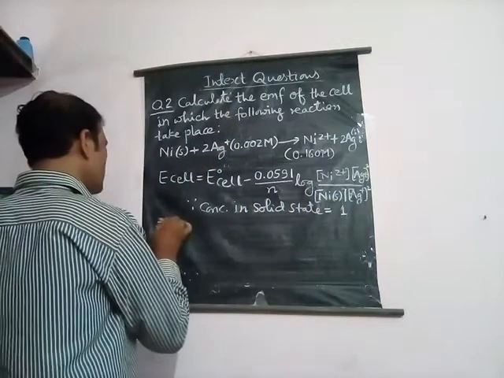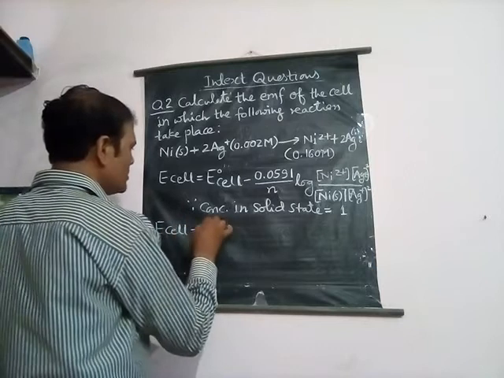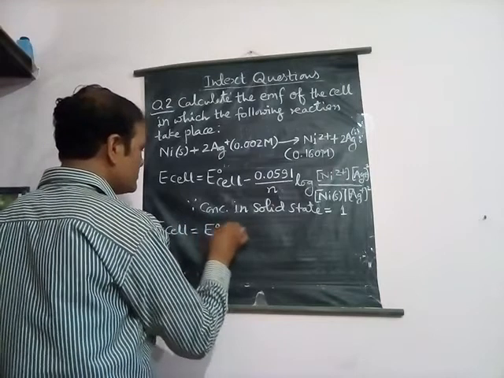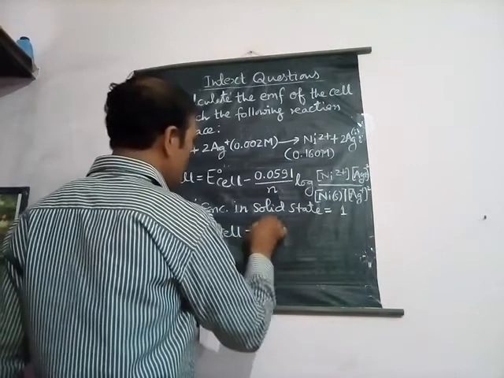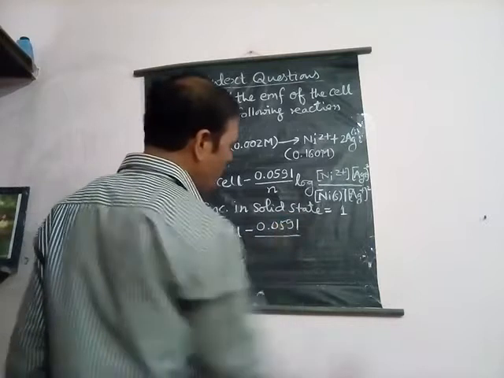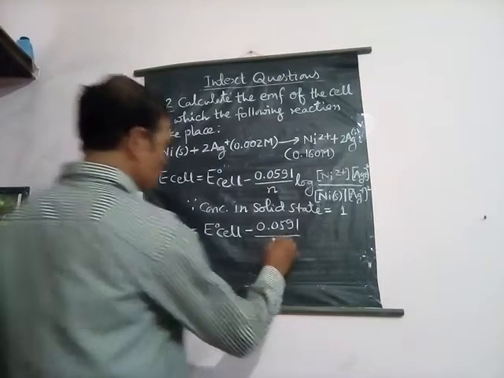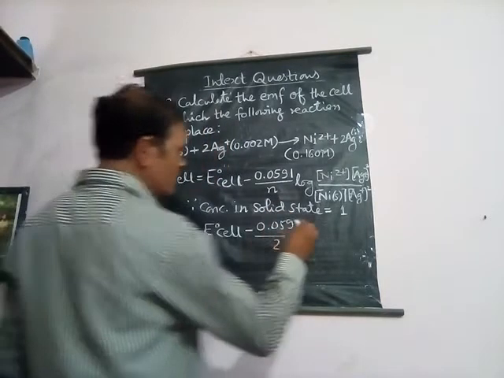So the equation changes to E cell is equal to E naught cell minus 0.0591. Now how many electrons are involved or transferred in this reaction? 2. So we put the value of N equal to 2.